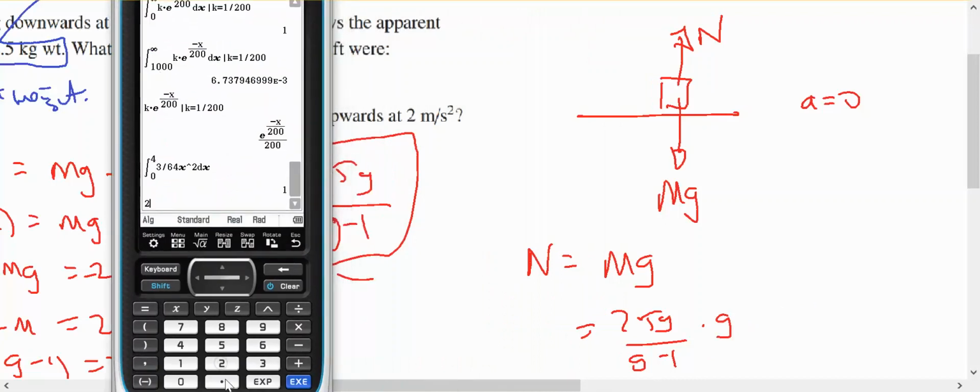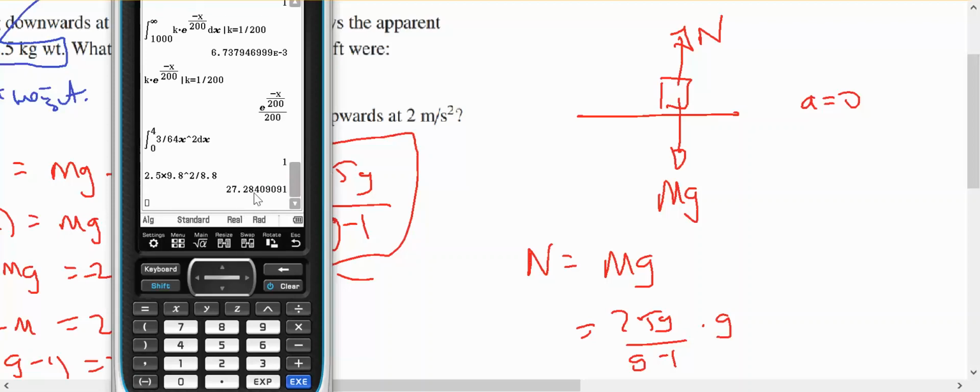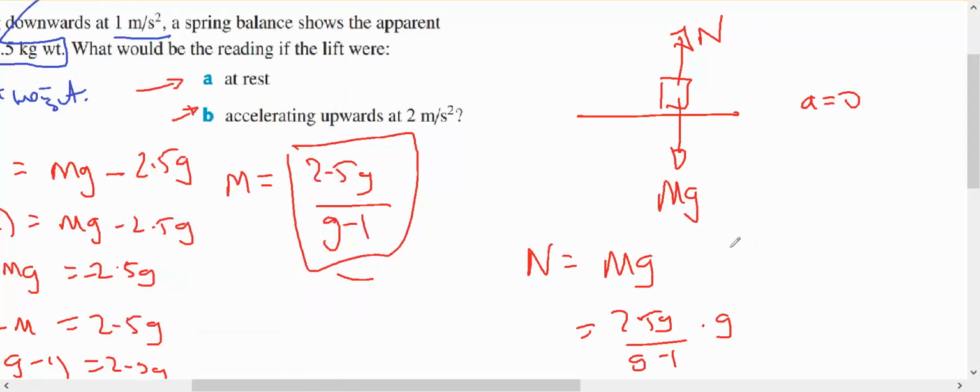2.5 by g squared, so 9.8 squared, divided by 8.8, that's 9.8 minus 1. That gives me that answer, which is 27.284 newtons. But if I want to list it as kilogram weight, then I need to divide it by g.